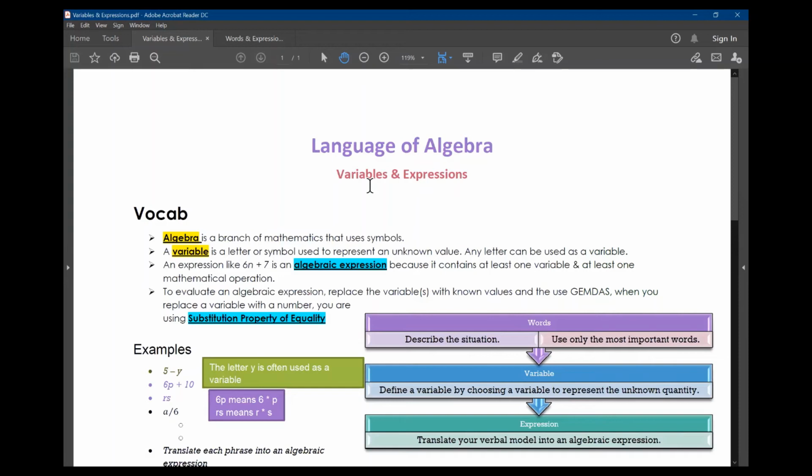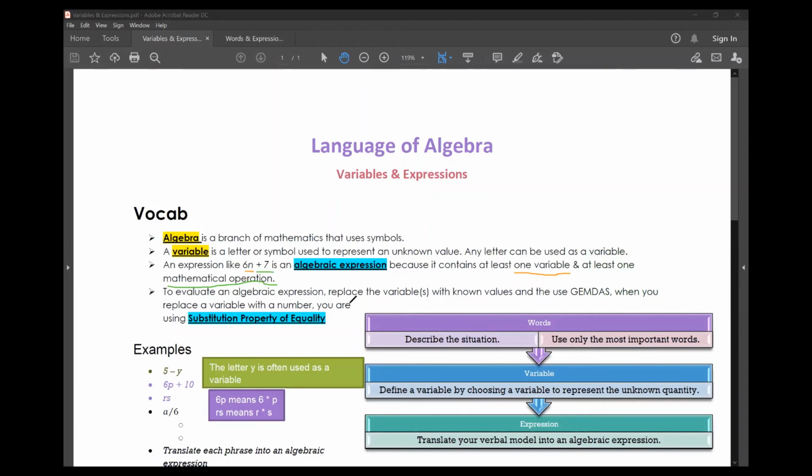An expression like 6n plus 7 is an algebraic expression because it contains one variable. N is your variable, and the mathematical operation is plus 7.